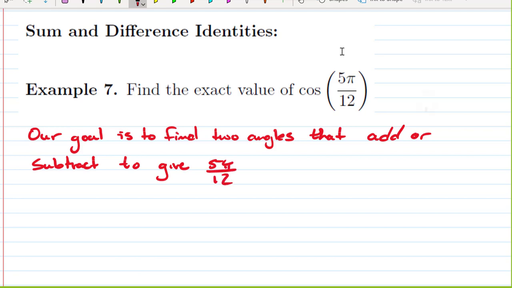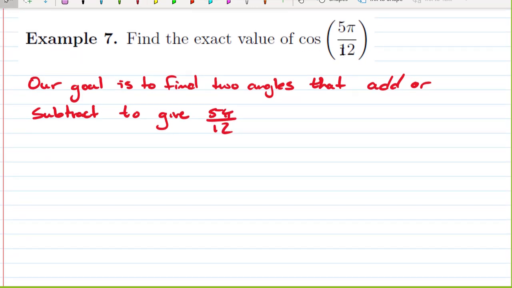We want to find that exact value. So to do this, let's rewrite some common angles with a denominator of 12.